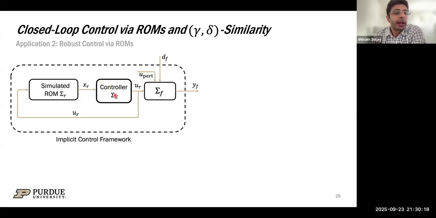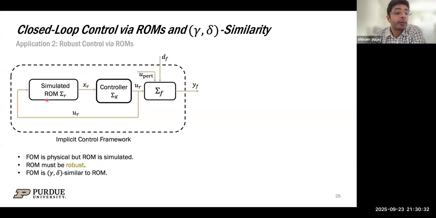But the controller is again designed using the simulated reduced order model. And once the control signal is determined, we send that control signal to the true system. Now, one thing to note here is that this approximate system is not a physical system, but a simulation, which is implicit in the true system.